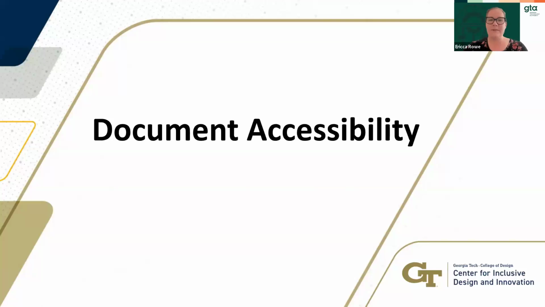Sorry about that. Today I'm excited. We're joined by Valerie Morrison. She's the Document Accessibility Services Manager for the Center for Inclusive Design and Innovation at Georgia Tech. She's going to be discussing document accessibility with us.